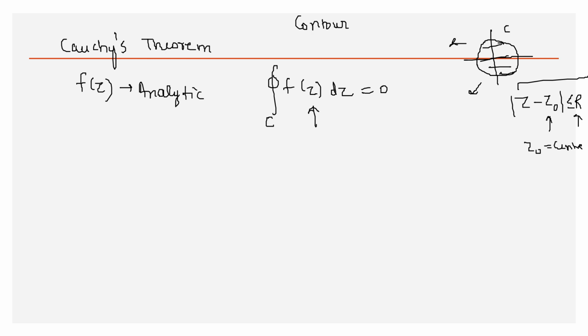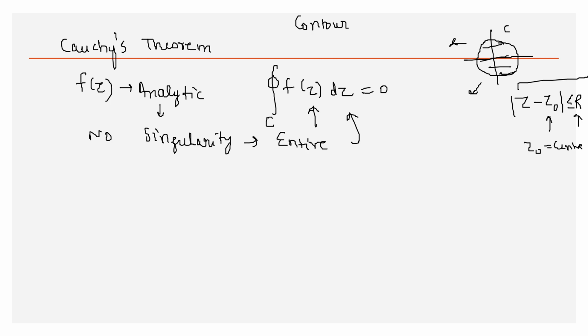Okay, so can we say that f(z) is analytic? That means there is no singularity, it is defined everywhere. So if there is no singularity, that means the function is entire, and for that the contour integral of f(z) dz is 0. So this can also be rephrased into this form.